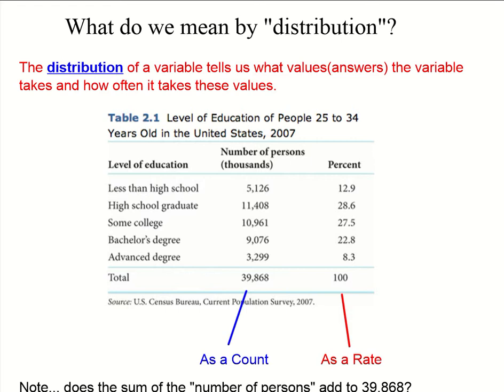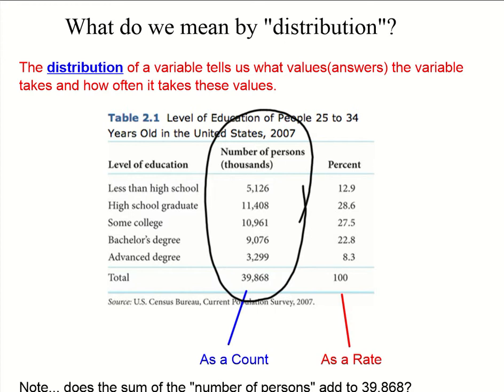And so if we look at this table, we can talk about the level of education of people. It talks about people that have less than a high school education, people that are high school graduates, that have some college, that have a bachelor's degree, and have advanced degrees. Over here we have the number of people in thousands, so what we really have is 5,126, that's really 5,126,000 people have less than a high school degree.